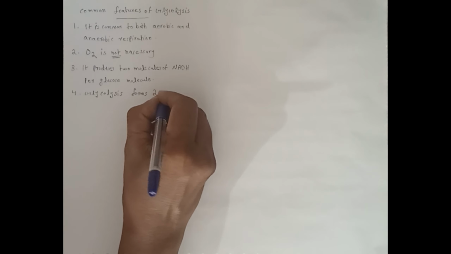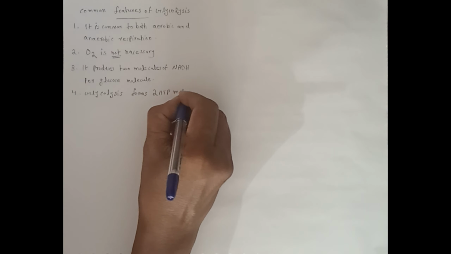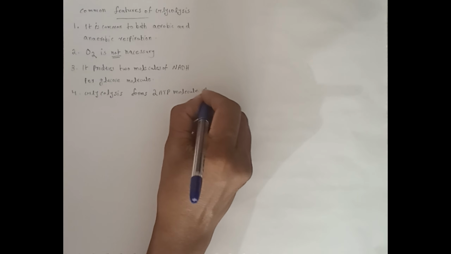Fourth point, glycolysis forms 2 ATP molecules per glucose molecule. That means from 1 glucose molecule, by the process of glycolysis, 2 ATP molecules are formed.